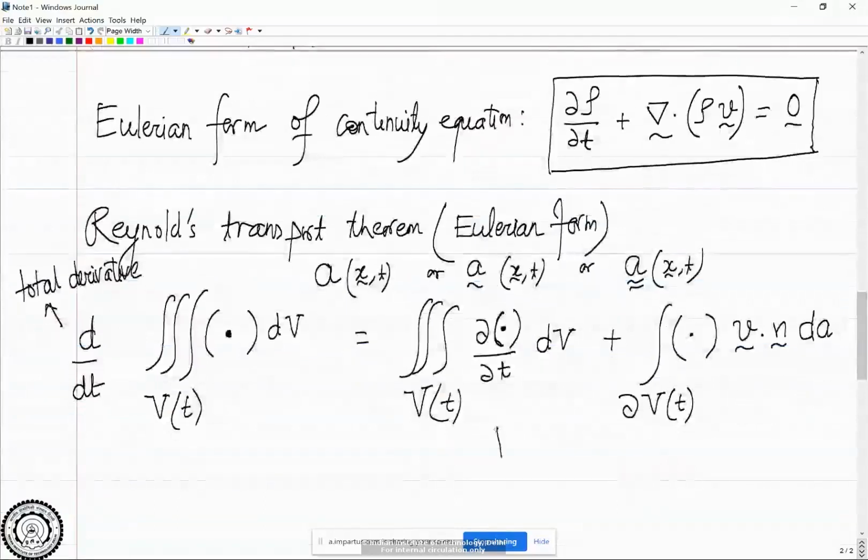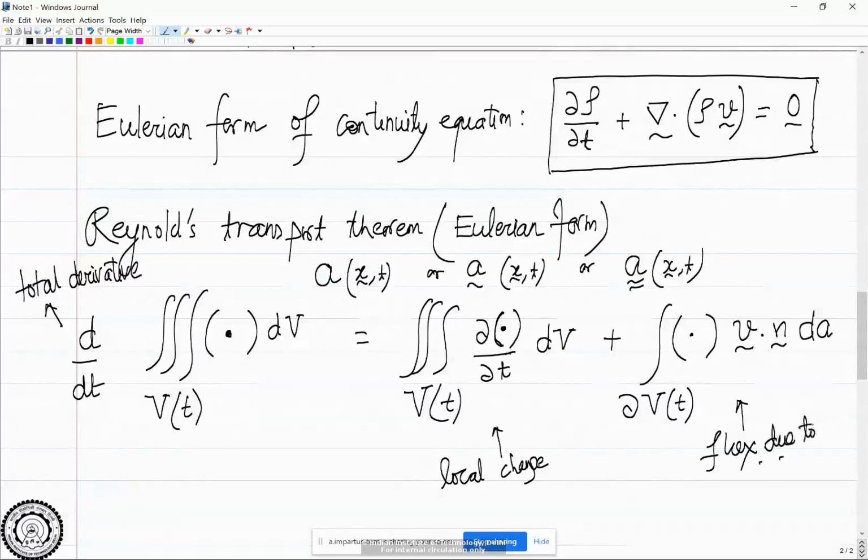So the first term is called the local change, and the second term is called the flux. The second term is the change due to flow of the particle from the volume, whereas the first term is due to change within the volume itself. This is flux due to flow.